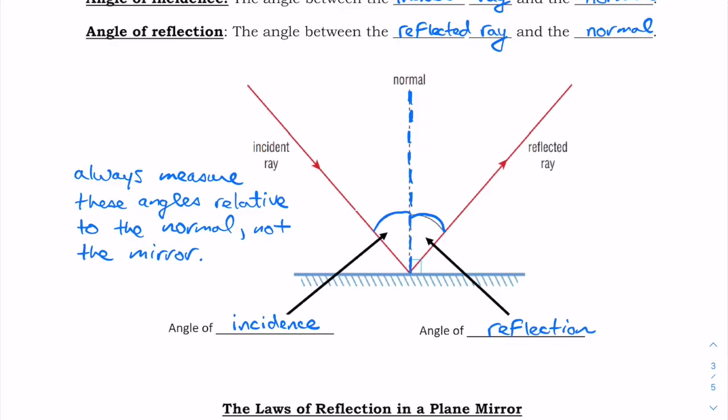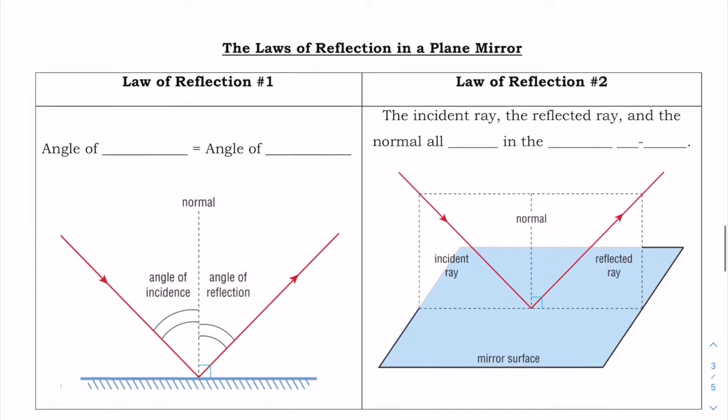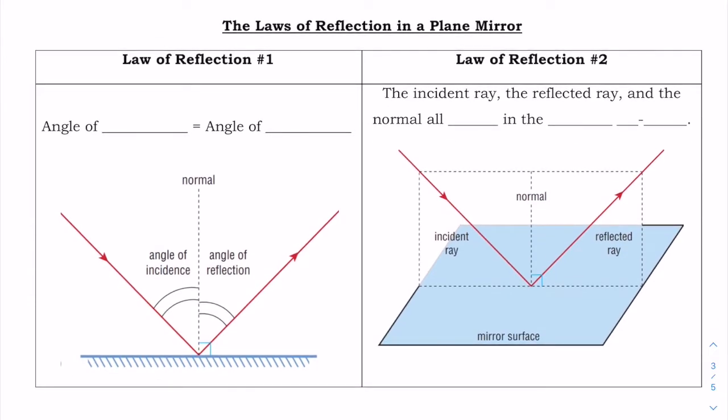And that leads us to a very important law in optics, the law of reflection, but specifically for a plane mirror. So let's take a look. The law of reflection tells us that for a plane mirror, that is a flat mirror, the angle of incidence is equal to the angle of reflection.